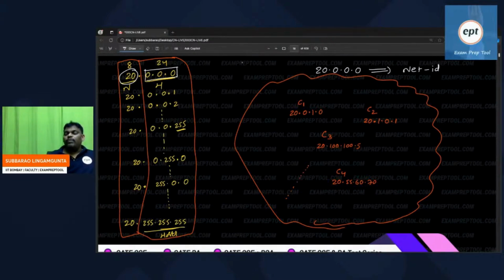You cannot give the net ID to a host. One of the computers cannot contain the net ID. Remember, the first address is considered to be the network ID.